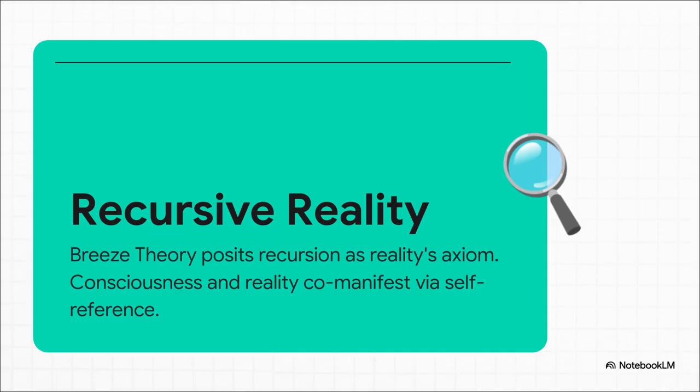Frameworks like Breeze theory suggest that recursion isn't just a feature of reality, it is reality. In this view, the entire universe is one grand recursive system. Consciousness and the cosmos, observing and creating each other through a loop of self-reference.